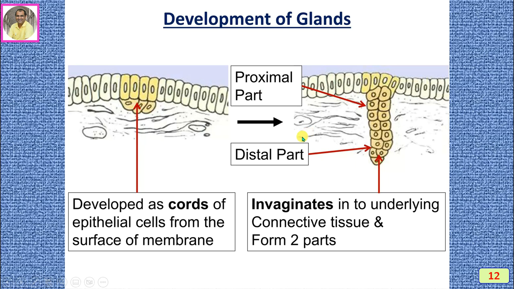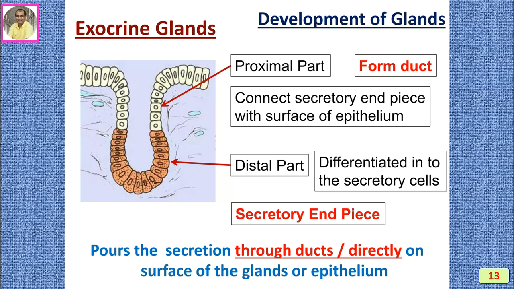This is not limited to all types of structures but is specialized in certain exocrine glands. The exocrine glands have two parts, the proximal part and the distal part, and the secretory piece is connected with a surface epithelium by what is called the duct, and it is differentiated into the secretory cells.